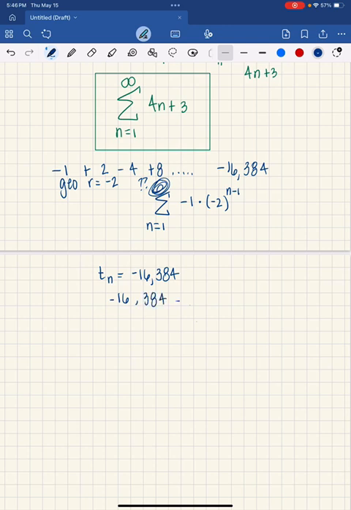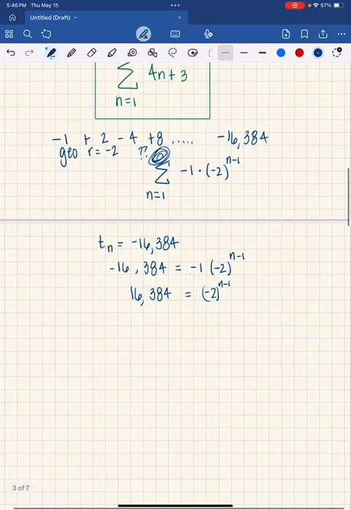Okay, so -16,384 is going to be equal to t sub 1 times, in this case, -2 to the n minus 1. Divide both sides by -1. Okay, just like Wednesday, I'm going to temporarily ignore the negative, and I'm going to use logs.